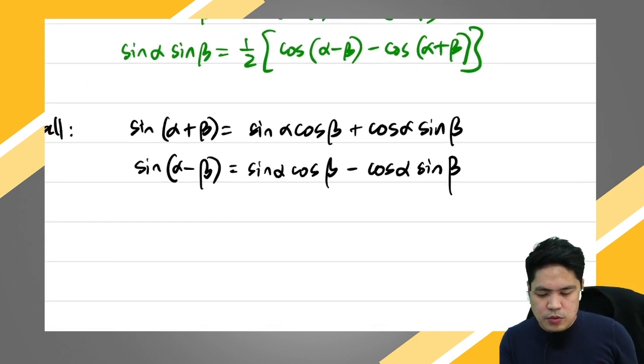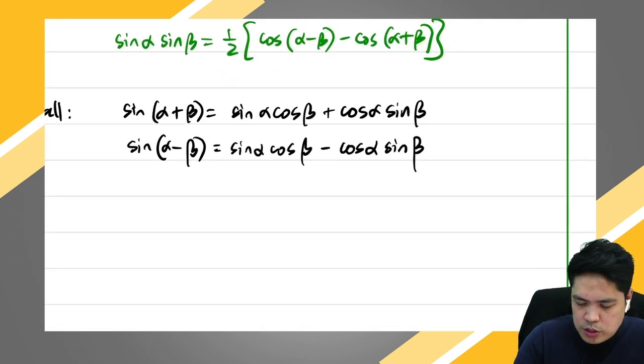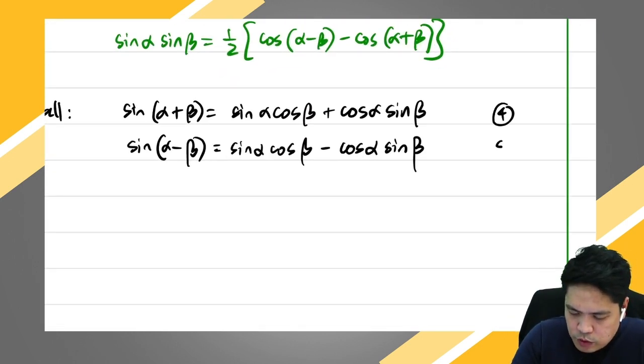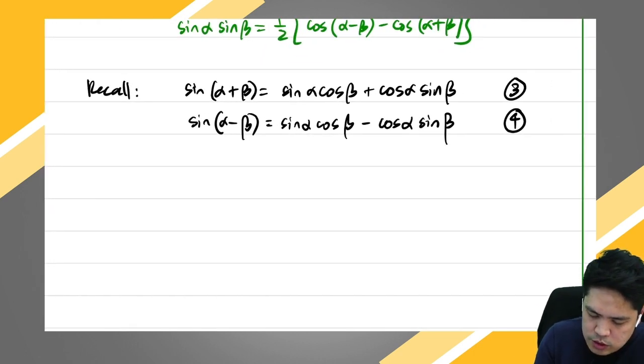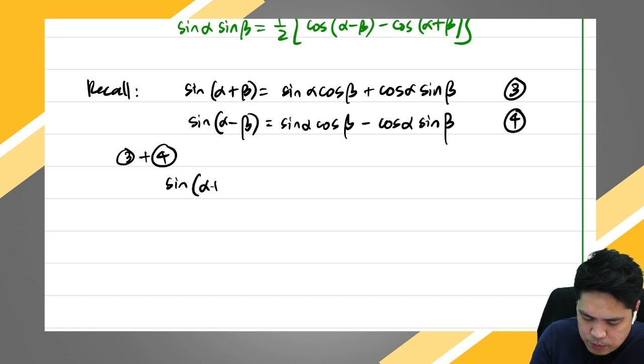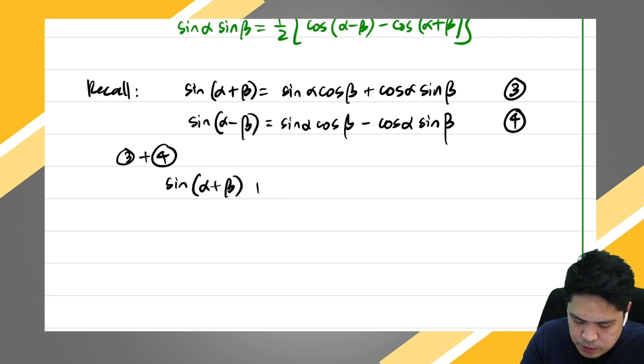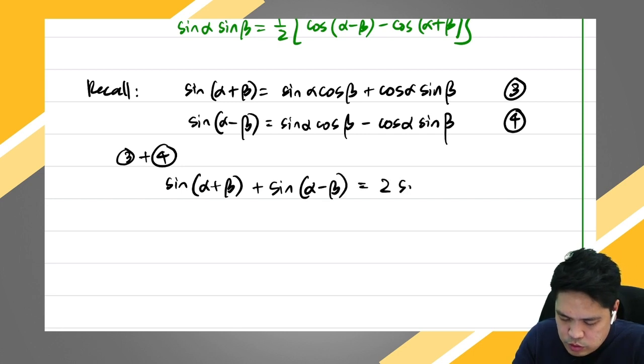So, the same method, we will just subtract the two equations. So, if I name this equation 3, and this is equation 4, so we just need to add equation 3 and equation 4. So if we add that, that would be sine alpha plus beta plus sine alpha minus beta, that is equal to 2 sine alpha cosine beta.